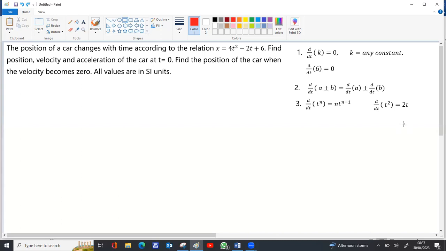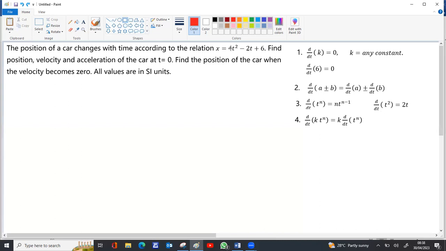Now the fourth rule is regarding exponents along with constants, 5t^n, 6t^n. In that particular case, you can take the constant simply out. It is d by dt of k times t^n. The k will come outside, so k times the normal rule of d by dt of t^n, which is the third rule, is k times n into t^(n−1).